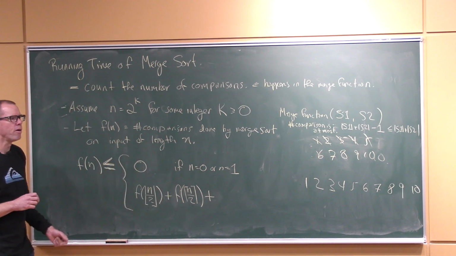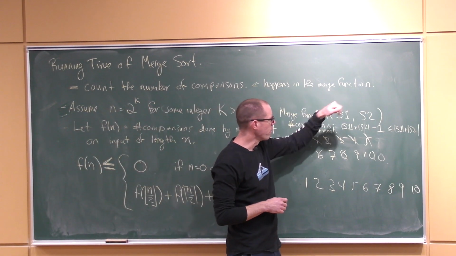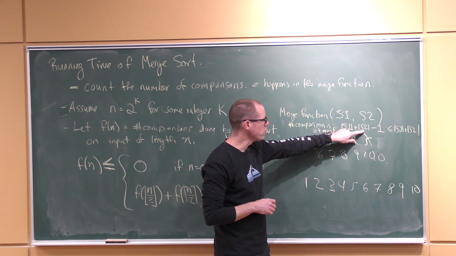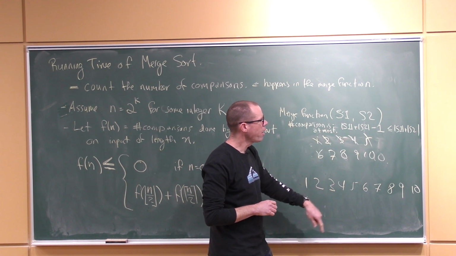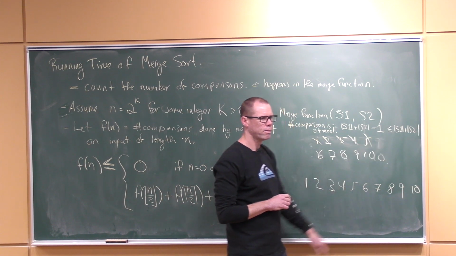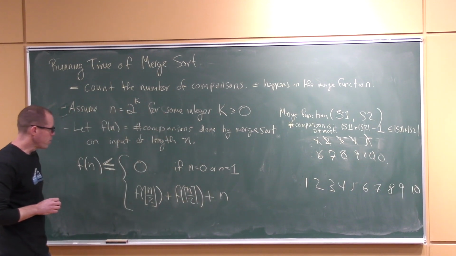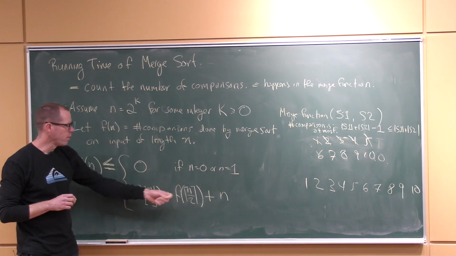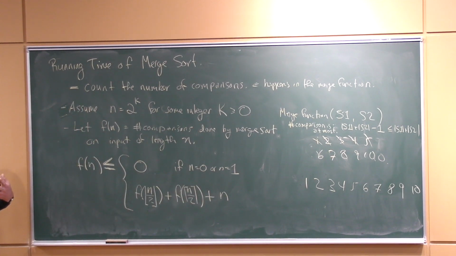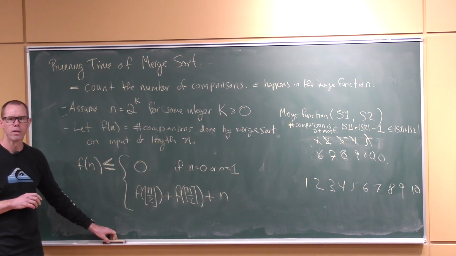So together those two things have length n, so that's our S1 and S2 here. That means the size of S1 plus the size of S2 is actually n, and we'll use this estimate here for the number of comparisons. So it's whatever happens recursively plus whatever happens recursively plus n comparisons to merge those two things. Actually n is an overestimate, but it's okay. It's not going to bother us.